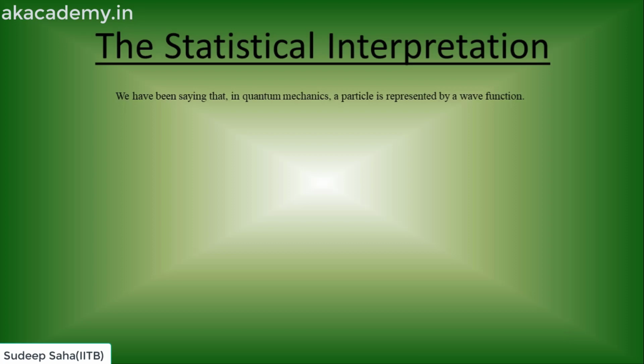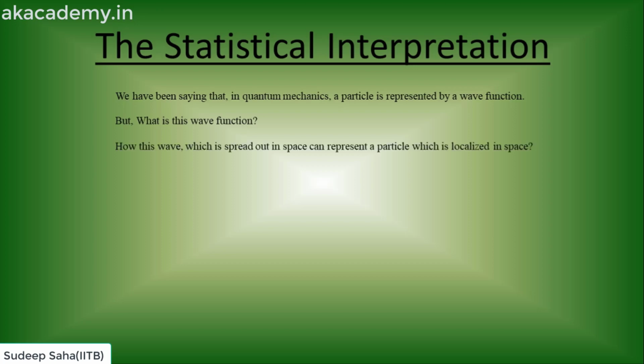So now the statistical interpretation. We have been saying that in quantum mechanics a particle is represented by a wave function. Now you might think, what is this wave function actually? How can a wave function spread out in space possibly represent a particle which is localized in space?